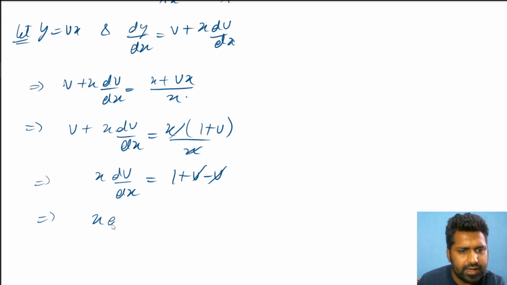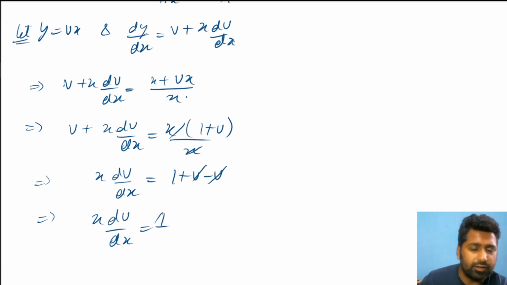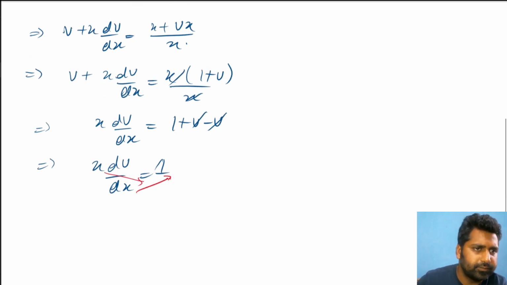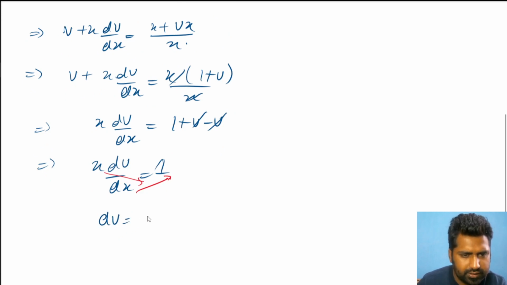So now you have x dv by dx is equal to 1. I told you, separating variable. After the substitution in homogeneous, it becomes separating variable. So take this dx on the other side, take this x also in the denominator, separate it. So dv is equal to dx by x.